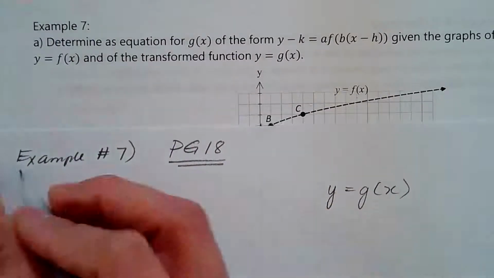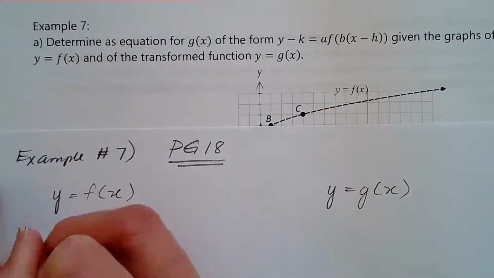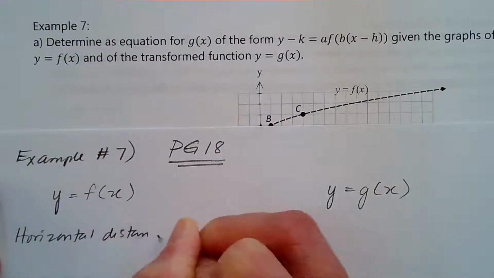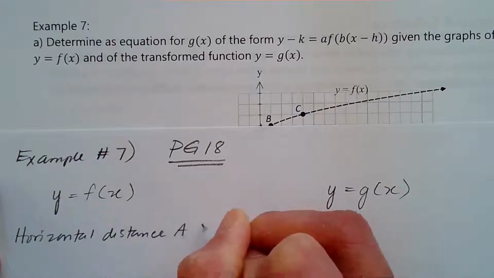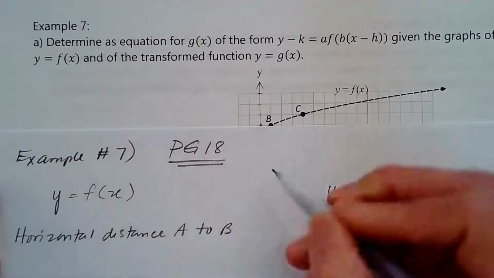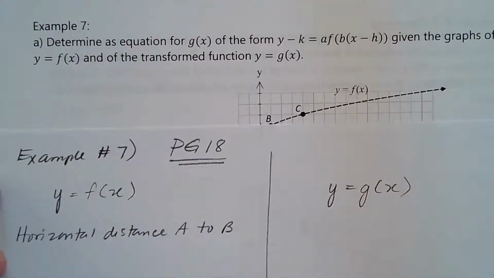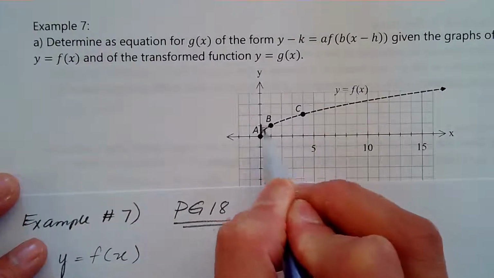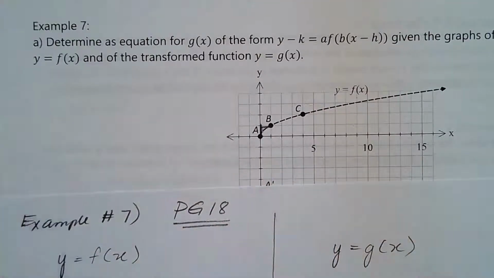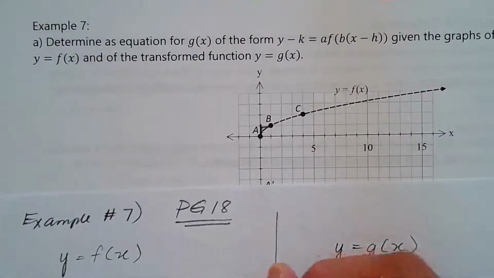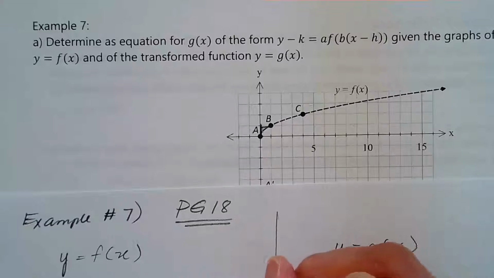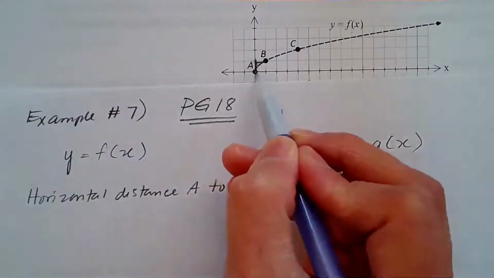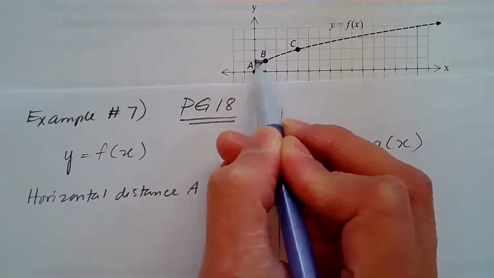Now, let's start with the horizontal distance from A to B. What's the horizontal distance from A to B? 1, okay? If this is A, how far apart are they horizontally?